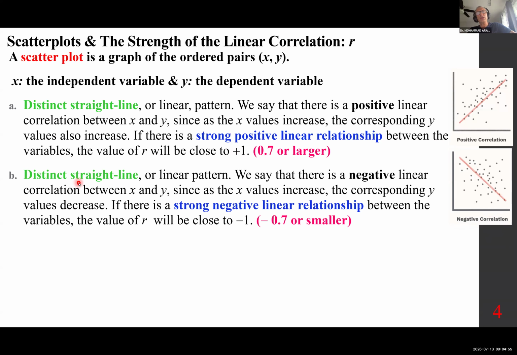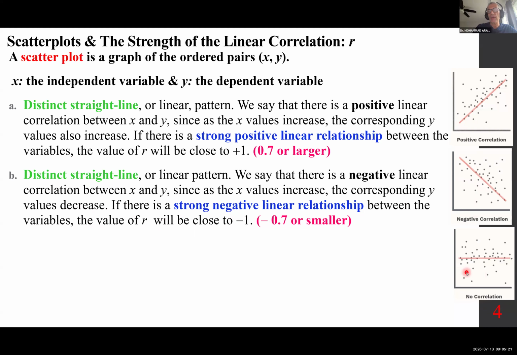Distinct straight line or linear pattern, we say that there is a negative linear correlation between x and y, since as the x value increases, the corresponding y values decrease. If there is a strong negative linear relationship between the variables, the value of r will be close to negative 1. So negative 0.7 or smaller, between negative 0.7 and negative 1.